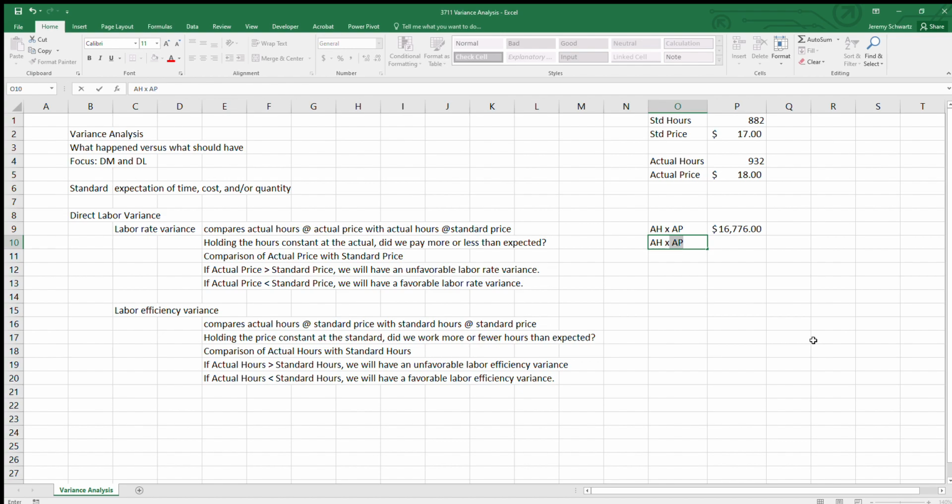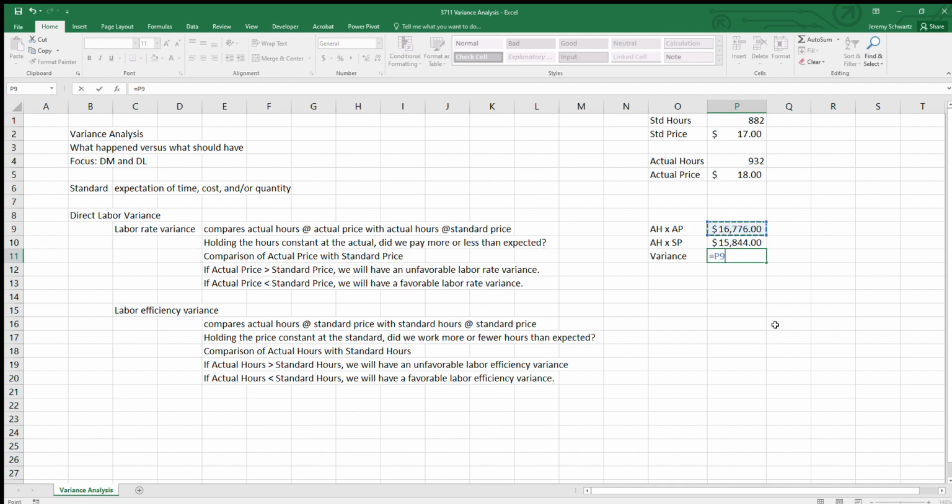Now we compare that with the actual hours at the standard price. So we take the actual hours of 932, multiply that by the standard price, and we get 15,844. So the labor rate variance is the difference between the two.